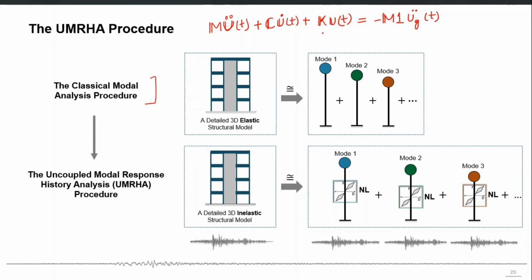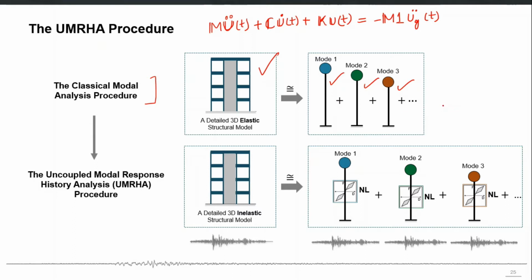So each of the uncoupled equations resembles the equation of a single degree of freedom system. Mathematically, we can decompose the multiple degree of freedom system into several single degree of freedom systems, each having its own time period, right? So the response of that multiple degree of freedom system can also be described as a sum of the responses of these single degree of freedom systems.